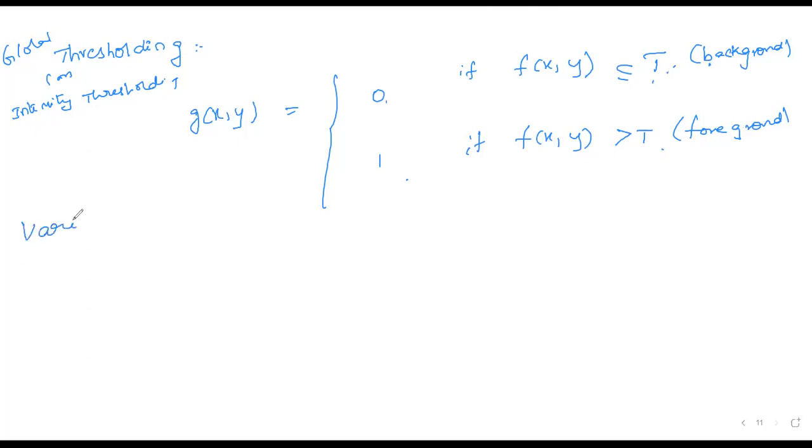Next, variable thresholding. Variable thresholding means T is variable, not constant.